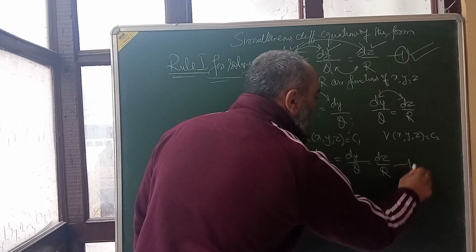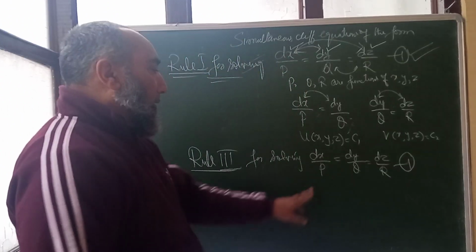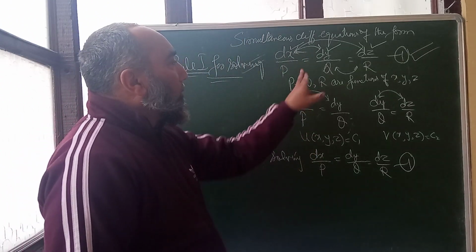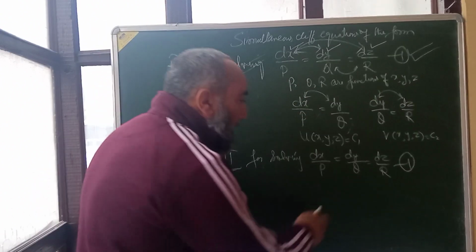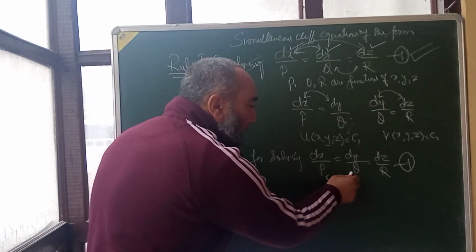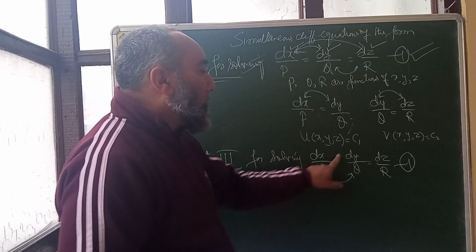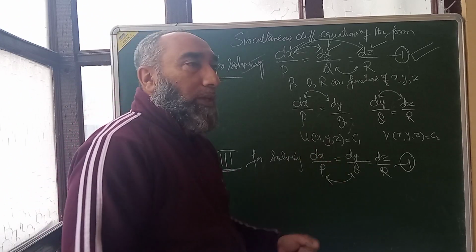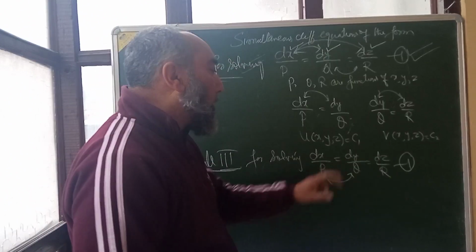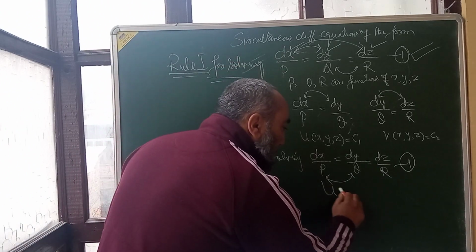This is always 1. Suppose that we are taking any 2 fractions dx by p, dy by q, and suppose that one of the variables is either absent or cancels out and we are able to find a solution, say u.